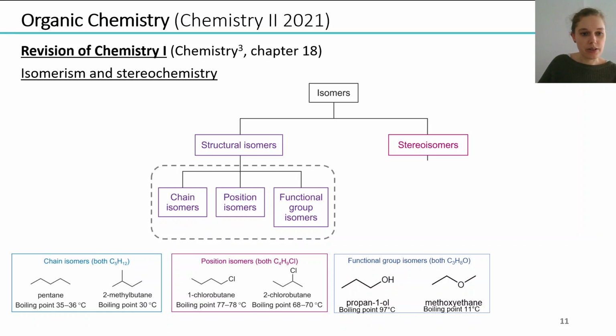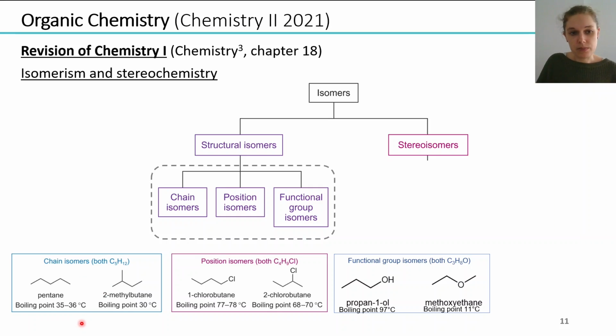And you can see here an example for this kind of chain isomers. For example, we focus on the molecule with the formula C5H12. You could draw this molecule like a straight chain molecule, which would then be pentane.